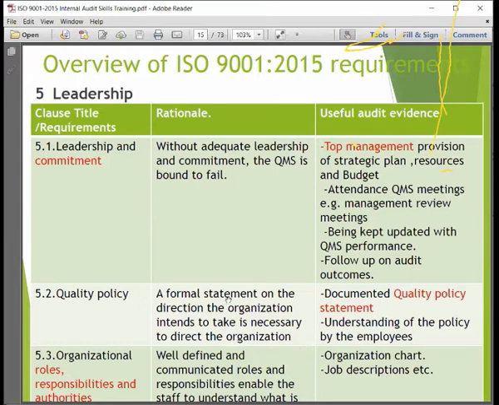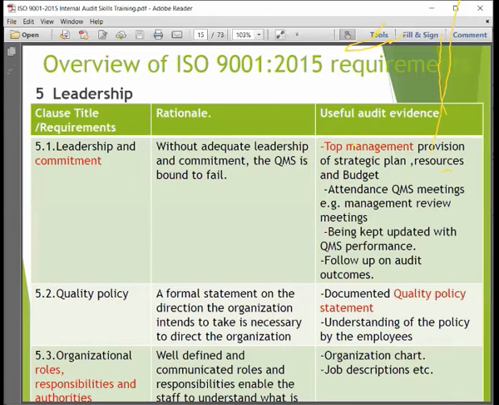Because well-defined and communicated roles and responsibilities enable the staff to understand what is expected. There's some missing information down there. I think when it was done in PDF, some of the things were lost. Or can this slide move up and down? I don't think so. There's some information down there, but we'll send you even the PowerPoint presentation. You'll be able to see what is inside there.